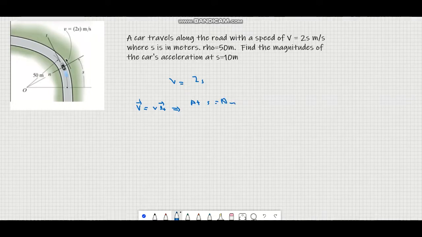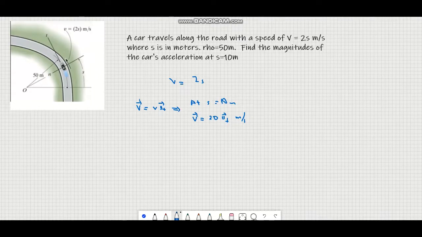We just directly substitute it here. So the velocity vector is going to be 20 in the tangential direction, 20 meter per second in the tangential direction.